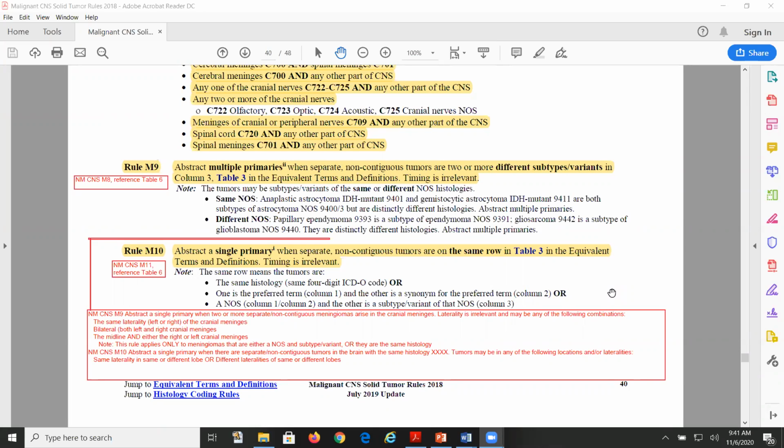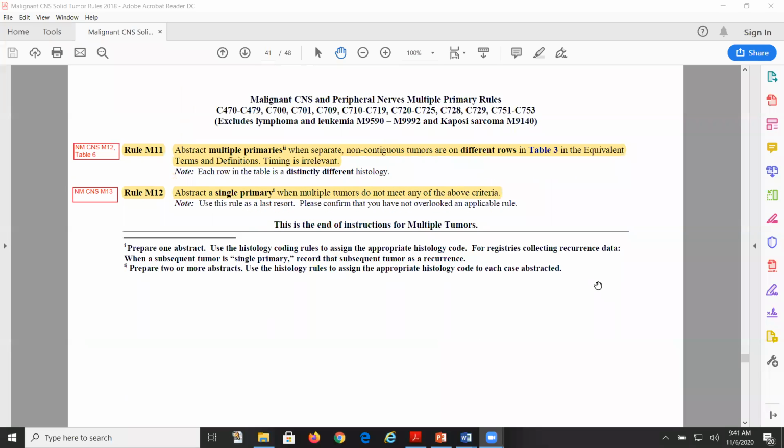Same row means they can be the same histology, a synonym of the NOS code, or a subtype variant of the NOS code. M11, multiple primaries when on different rows, you've seen that rule before, and M12, abstract a single primary when tumors do not meet any of the above criteria.